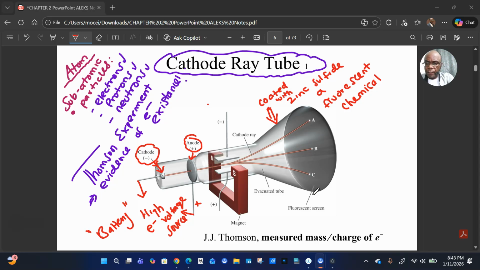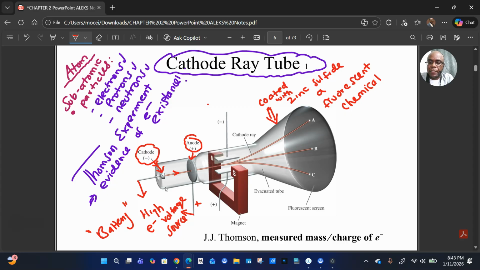Now, the connection of the setup to a battery seemed to create high-speed moving electrons, and those electrons seemed to originate from the cathode and travel to the anode.